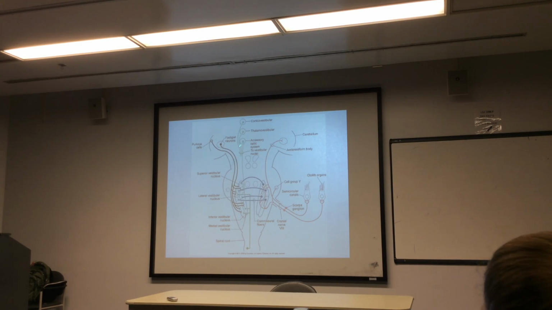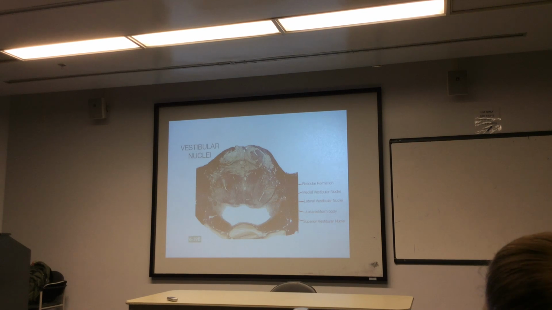You'll have some that go to a vestibulo-ocular system, and then the vestibulo-cortical system as well. So just to kind of highlight some of these nuclei for you again, you can see here you have the medial vestibular nuclei, the lateral, which contain those vestibulospinal fibers, superior vestibular nuclei, and then the reticular formation, which is also important.